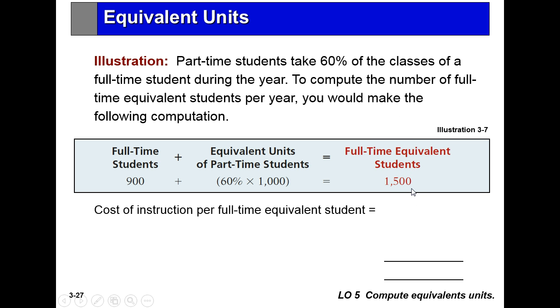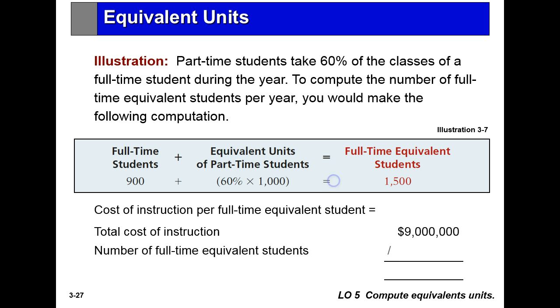Does that make sense? So cost of instruction per full-time equivalent student is categorized by coming up with a certain parameter or denominator to determine how we calculate the per full-time equivalent cost of $6,000 per student. Make sense?